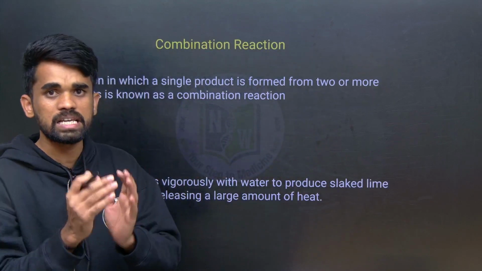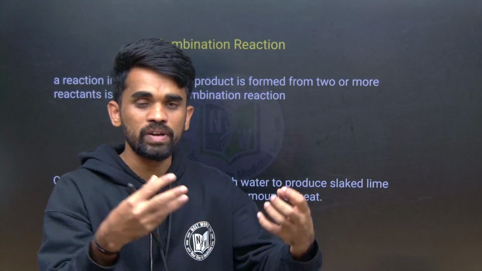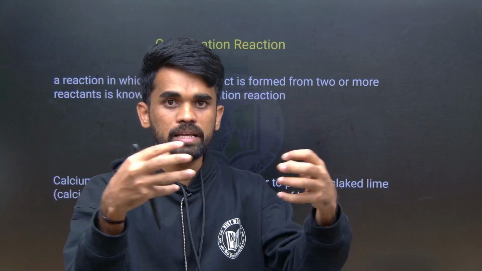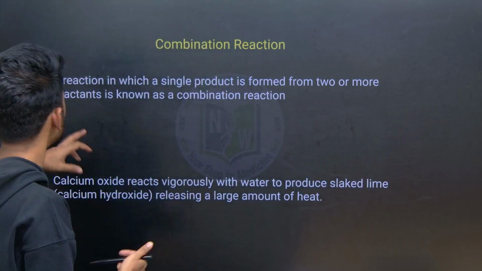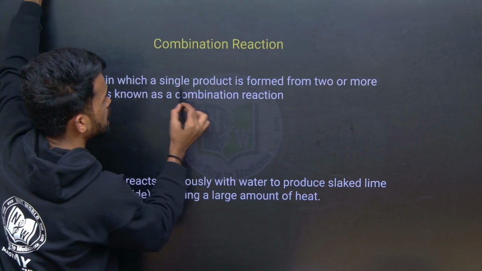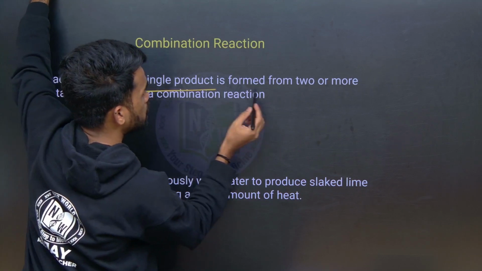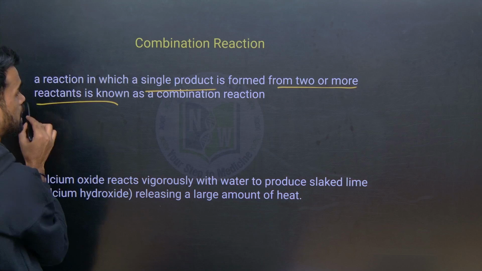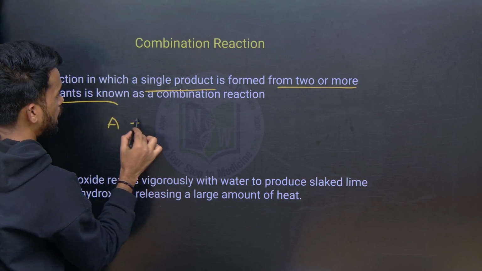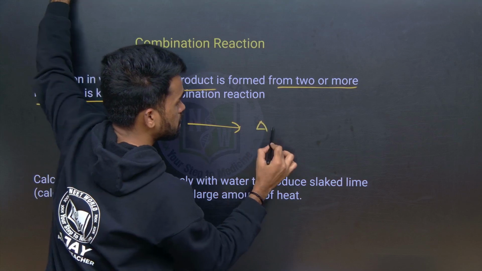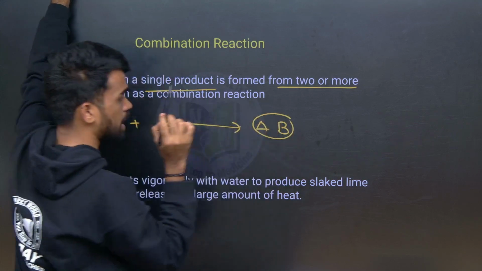The word itself says combination. A combination reaction is a reaction in which a single product is formed from two or more reactants. Let us say A and B are the reactants, and they combine to form a single product AB.